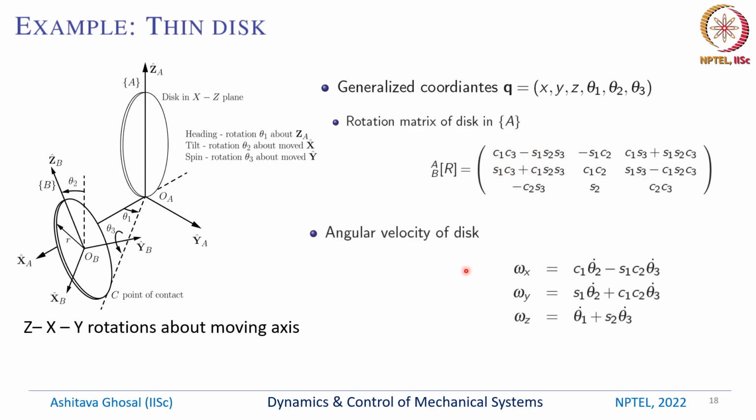Then we do R dot R transpose, which will be a skew symmetric matrix from which we can extract the x, y, and z components of the angular velocity vector. They are given like this. We'll have c1 into theta 2 dot minus s1 into c2 into theta 3 dot, and s1 into theta 2 dot, which is omega y, and c1 c2 theta 3 dot, and omega z is theta 1 dot plus s2 into theta 3 dot.